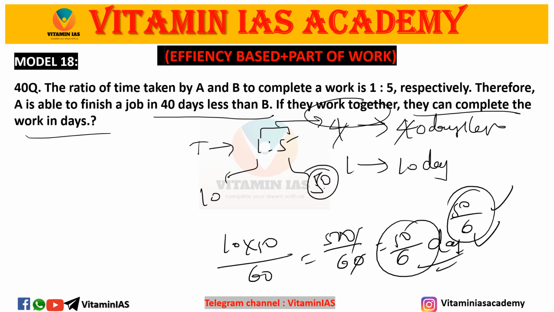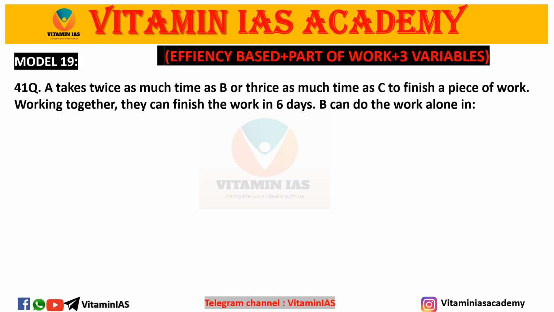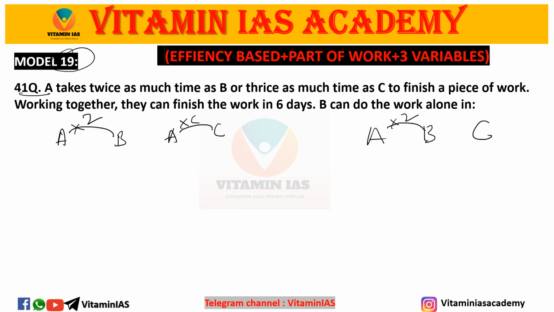Our next question, on model number 19, question number 41. A takes twice as much time as B, and thrice as much time as C. So A takes twice of B and thrice of C. If you are doing it in the same way, for A, B, C, A takes twice and thrice.